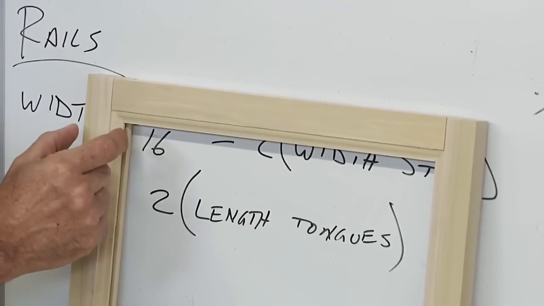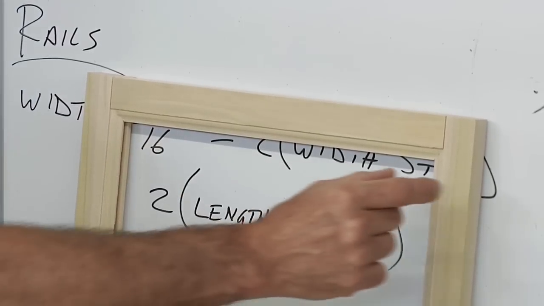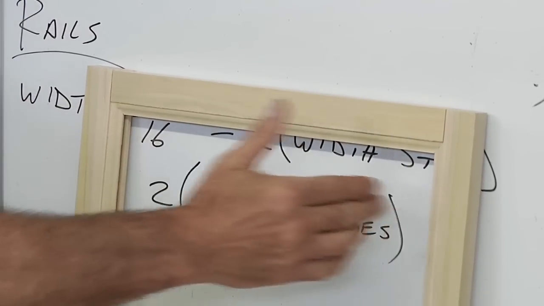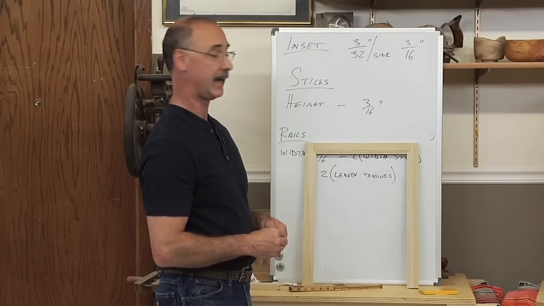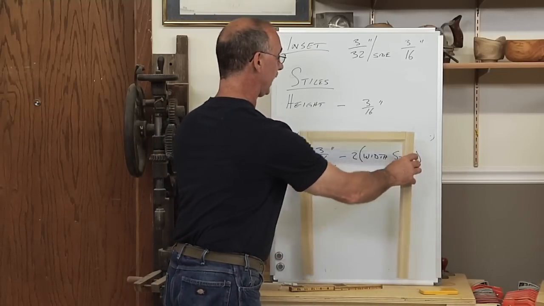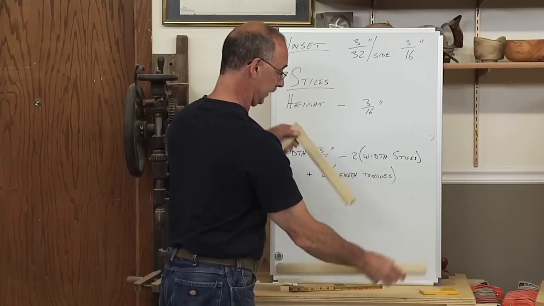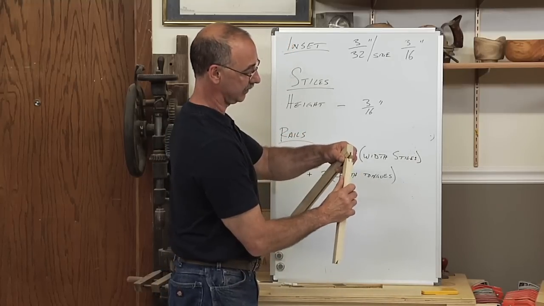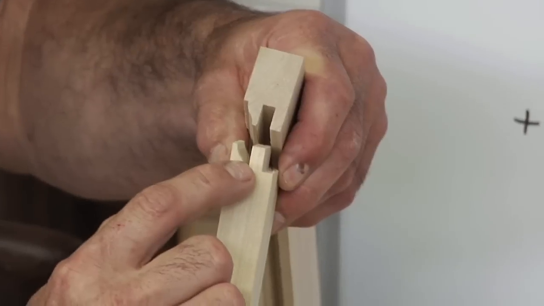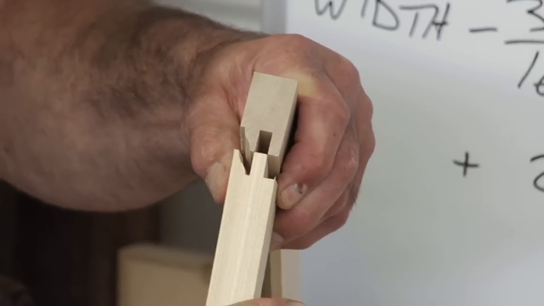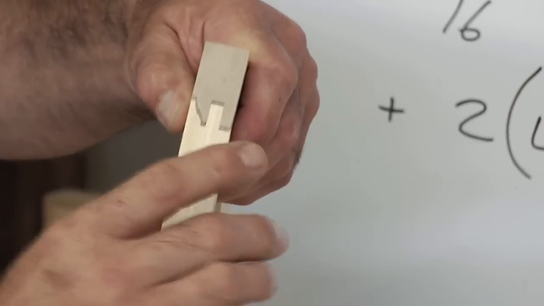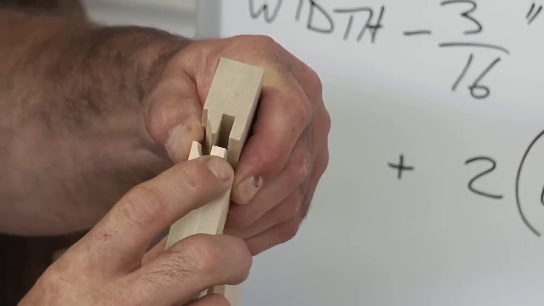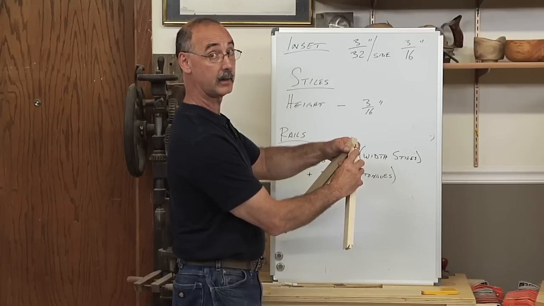So we subtract the width of this one, the width of this one, gives us the inside opening. Plus 2 times the length of the tongue. When we look at how the rails interact with the stiles, the tongue on the rail projects up into the groove on the stile. We need to know how long this is in order to get this right.